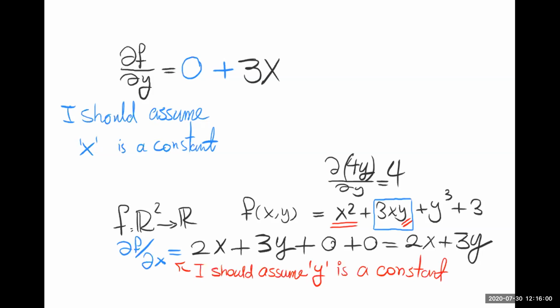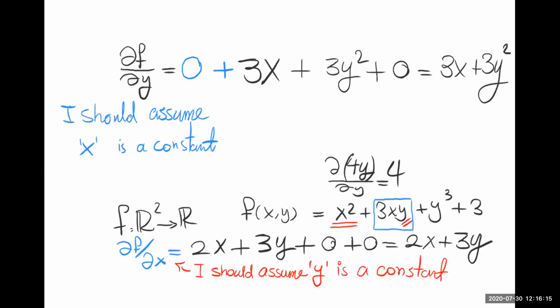What is the derivative of y cubed with respect to y? It's 3y squared. What is the derivative of 3? 0. So partial f partial y is 3x plus 3y squared. That's how we compute the partial derivatives.